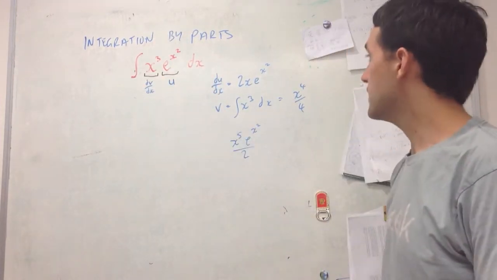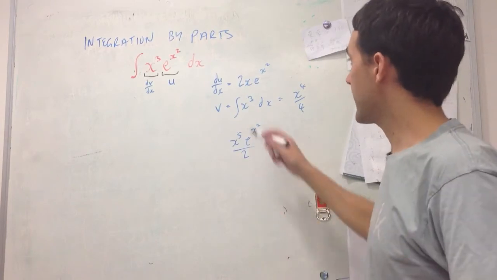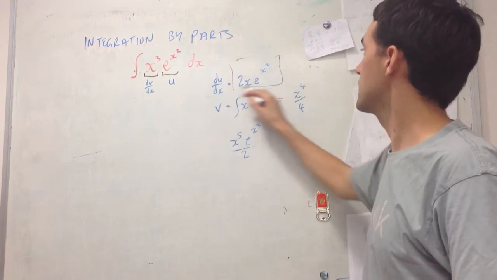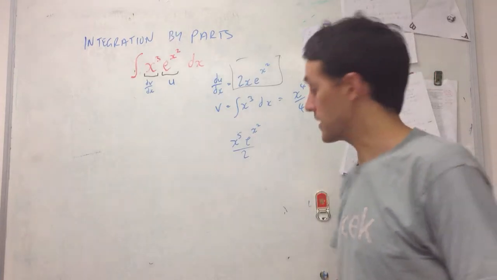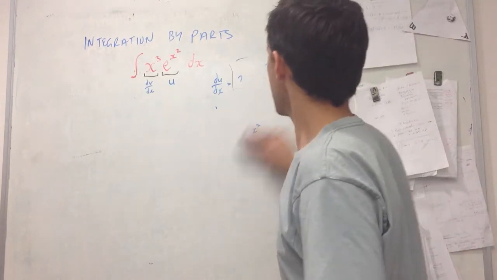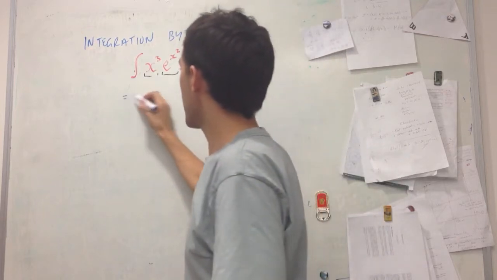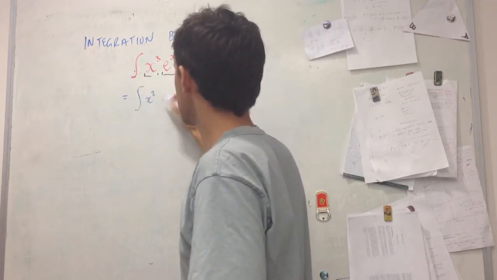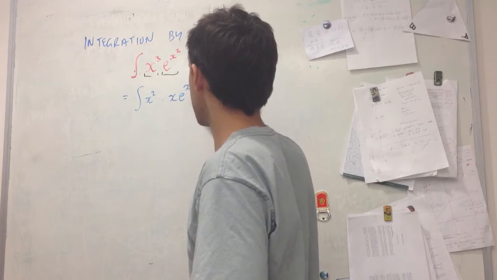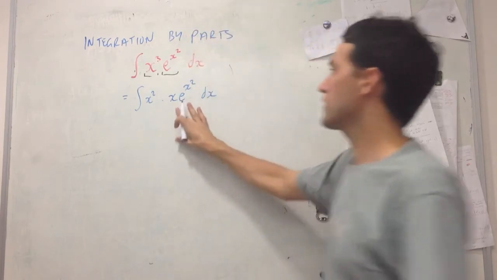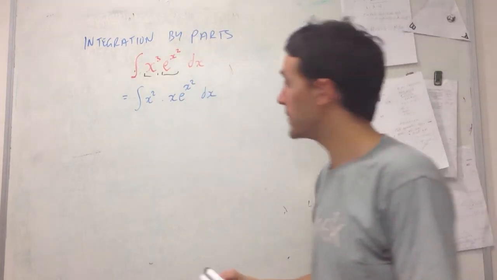So the trick here is to recognize that this I can find an integral for. What we do here is, as a first step, rewrite this as x squared times x e to the x squared dx, because now this part I can find the integral for.